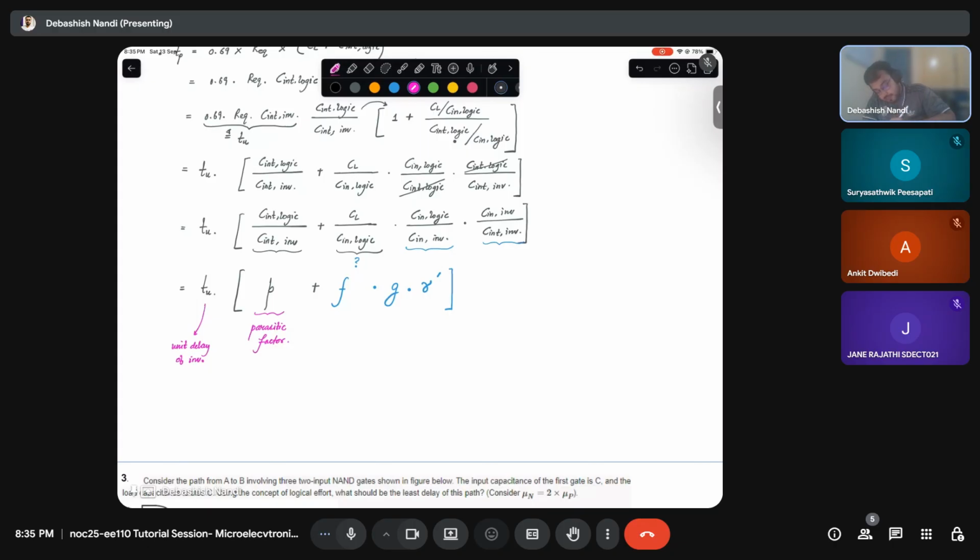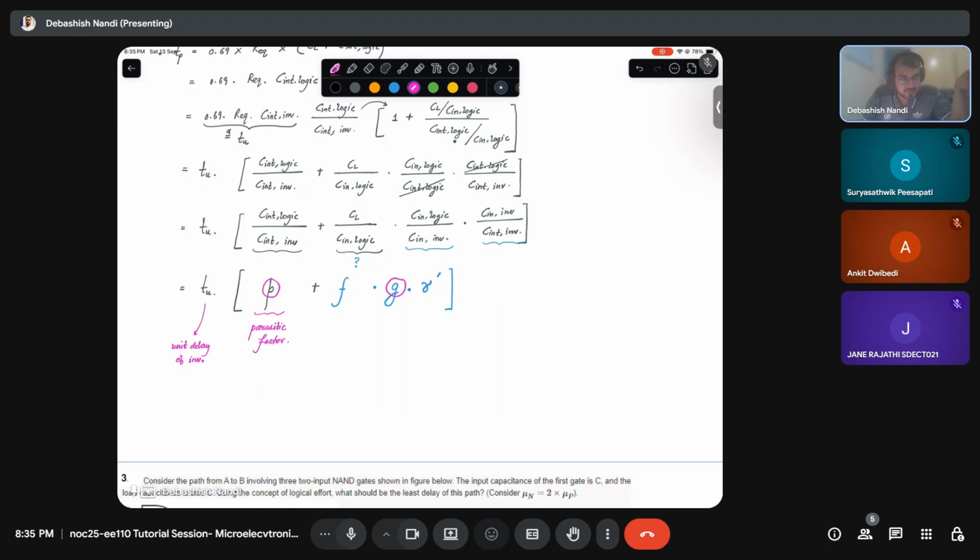So this P and G are similar. G is the ratio of logic and inverter with respect to the input capacitance. P is the ratio of logic and inverter with respect to the output capacitance.